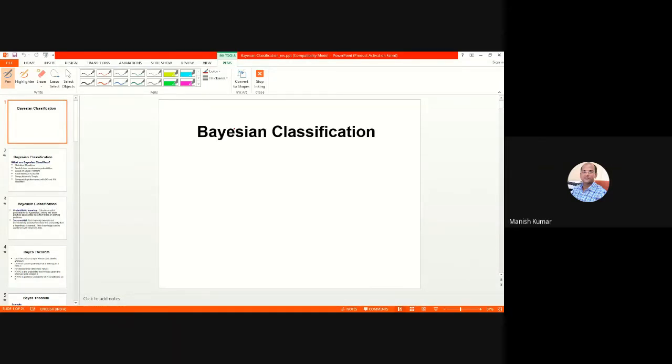So now we'll move to one of the important classification algorithms, known as Bayesian classification. Sometimes it is also referred to as naive Bayes classification. As the name refers, it is a probabilistic method for classification based on Bayes theorem, a famous formula based on conditional probability.